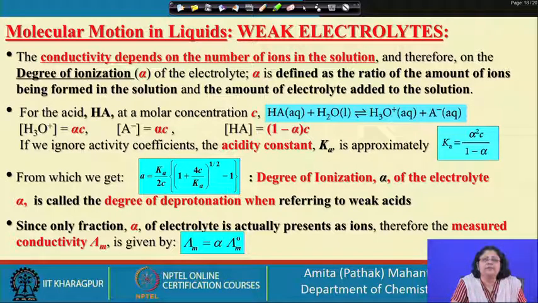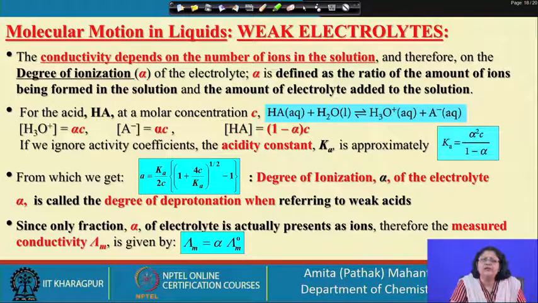Since a weak electrolyte is not going to completely ionize in solution, the degree of ionization is important, that is alpha. To what extent a particular solute is dissociated is going to be determined by the degree of dissociation, and the higher the degree of dissociation, the more ions are generated, and hence the increase in the conductivity value.